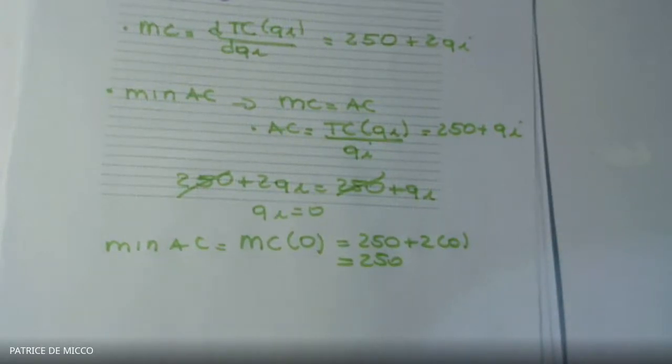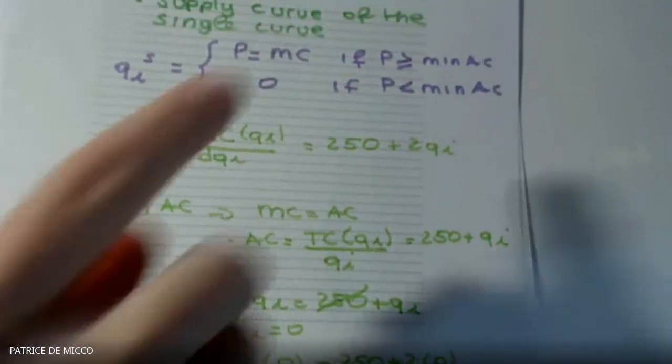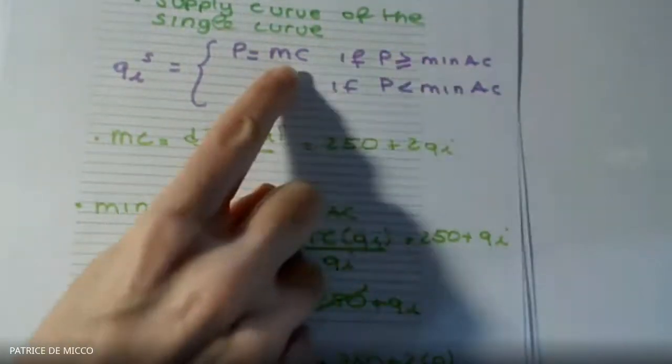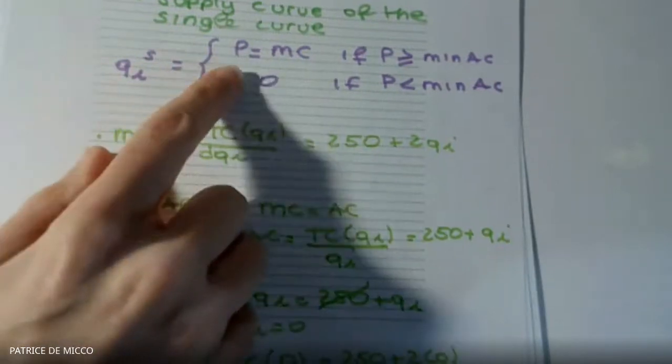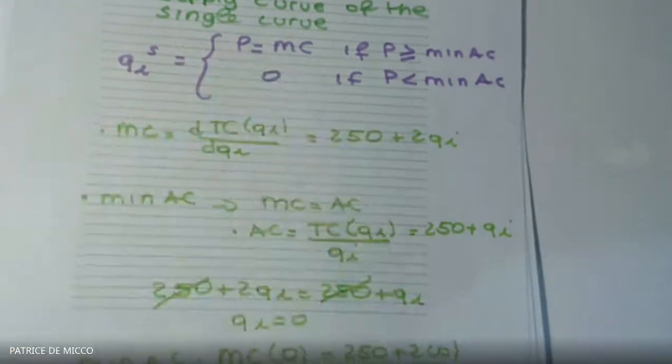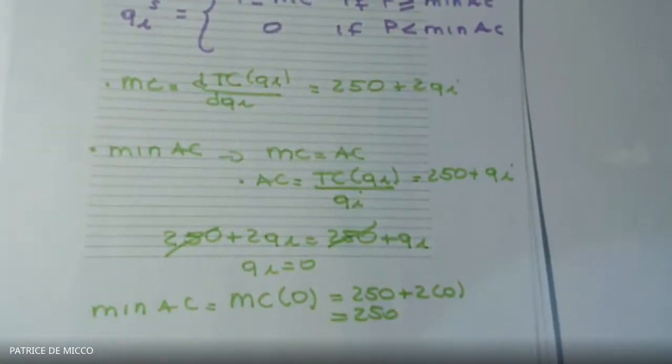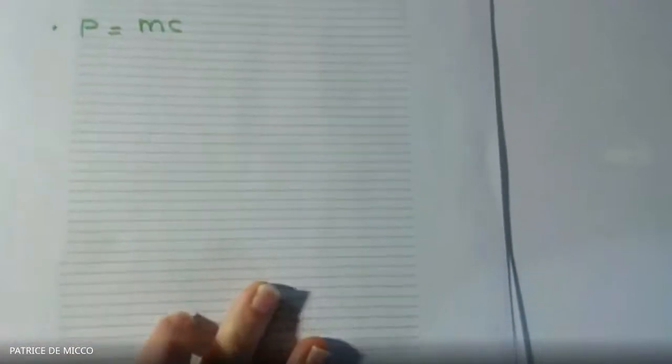Okay. So now I have basically, going back here, the minimum average cost, I have the marginal cost. Now before writing everything in a precise way, I need to set up the equilibrium condition, price equal marginal cost, okay? And this is exactly what we do now, the next step. So we have, now we set up the equality and we have price equal marginal cost.